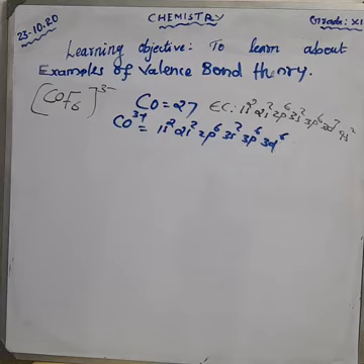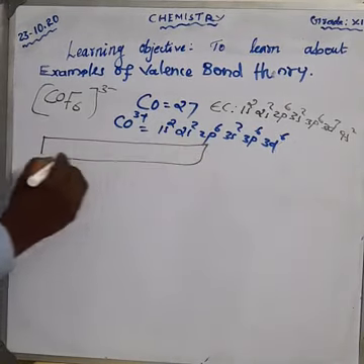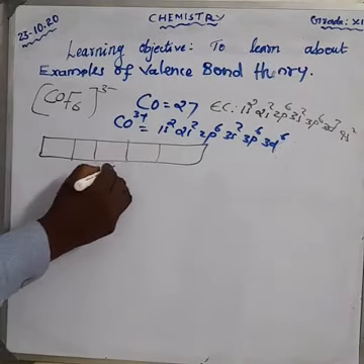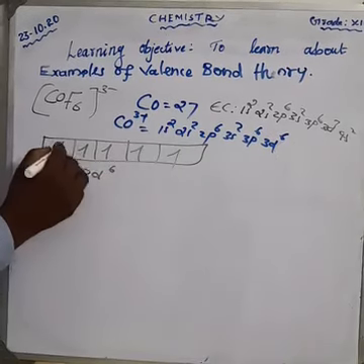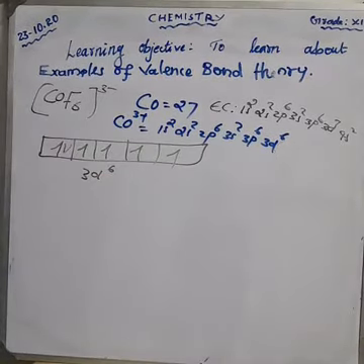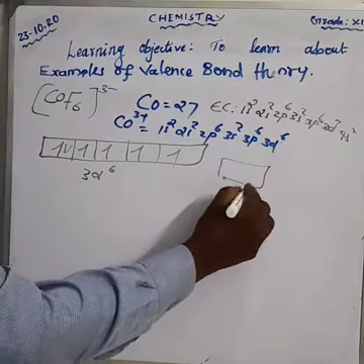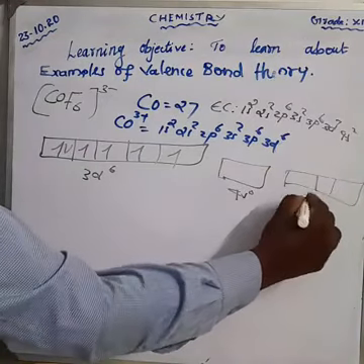We take 3d6, how many electrons? 1, 2, 3, 4, 5, 6 electrons. Next, 4s, there is no electron, and 4p, there is also no electron.